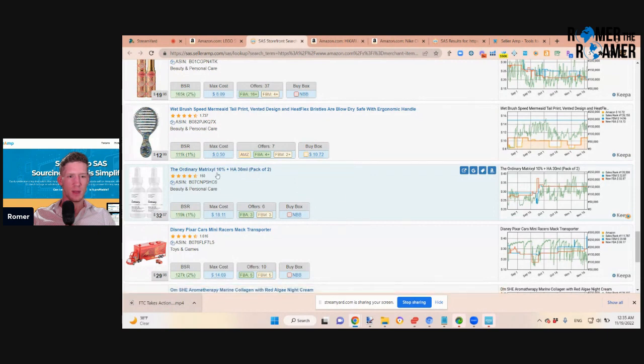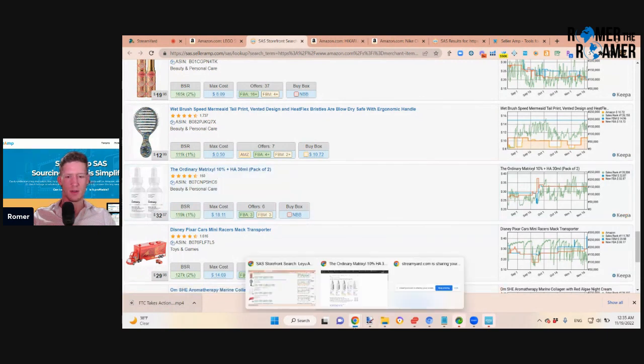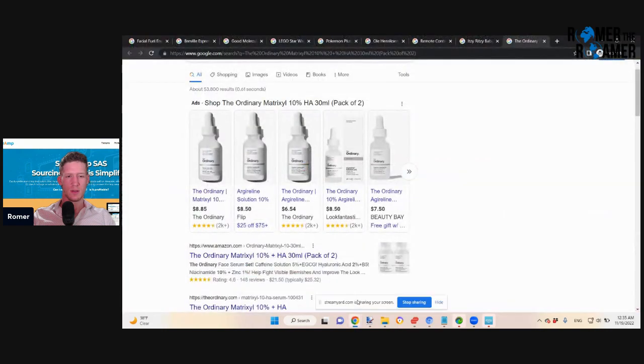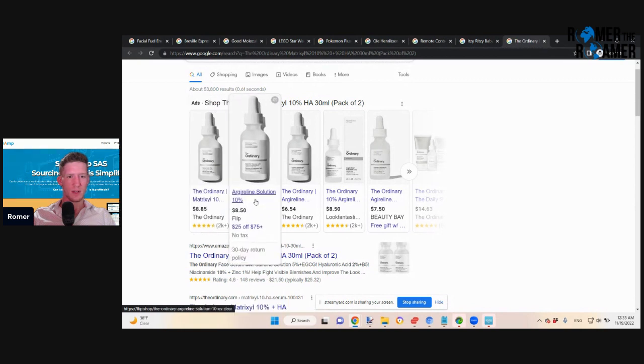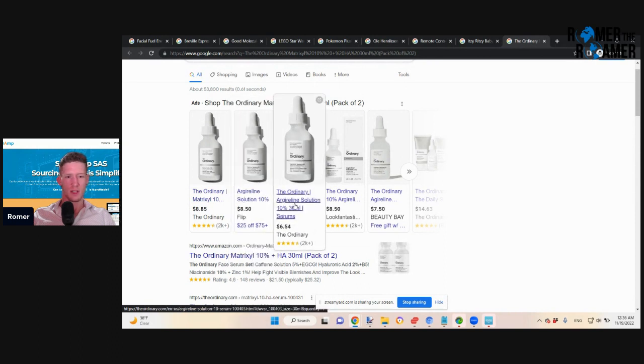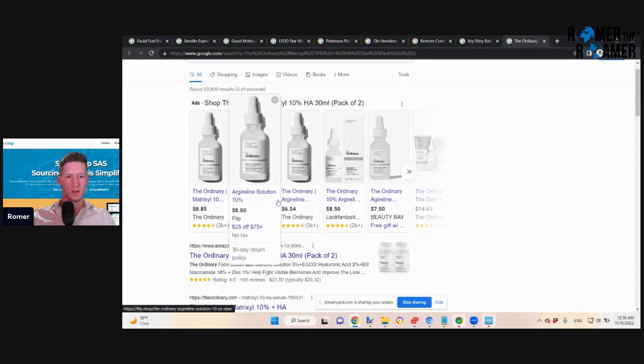This is a pack of 2. Matrixyl, 10%. So we'd have to get 2 of these at ordinary.com, selling for 85. Flip. I wouldn't trust this website. It's got no reviews. Sounds like an eBay type website. 30 milliliters.